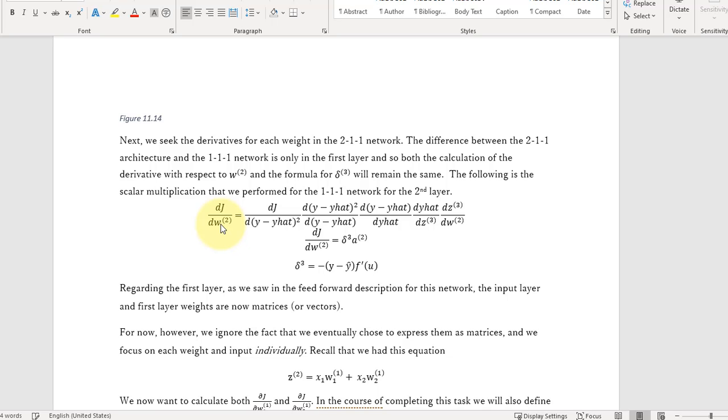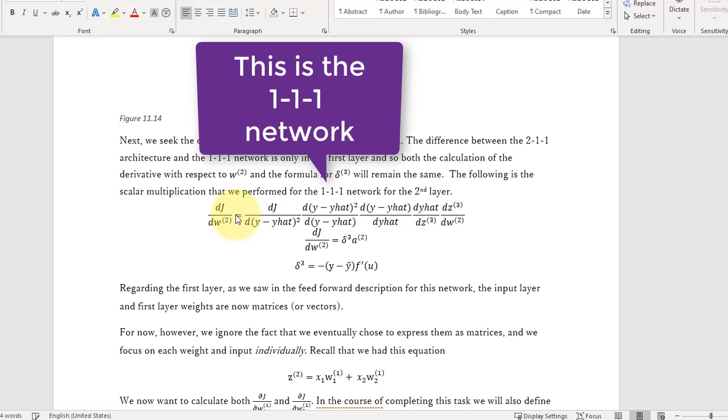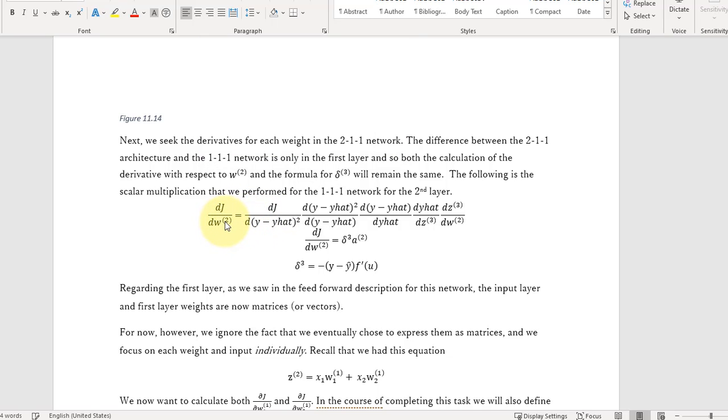To get from W2 to J, we have to follow the same path in the 1, 1, 1 network, or the 2, 1, 1 network, as in the current 2, 3, 1 network, getting from W2 sub 1 to J. It's the same path, so the derivative is going to be exactly the same.